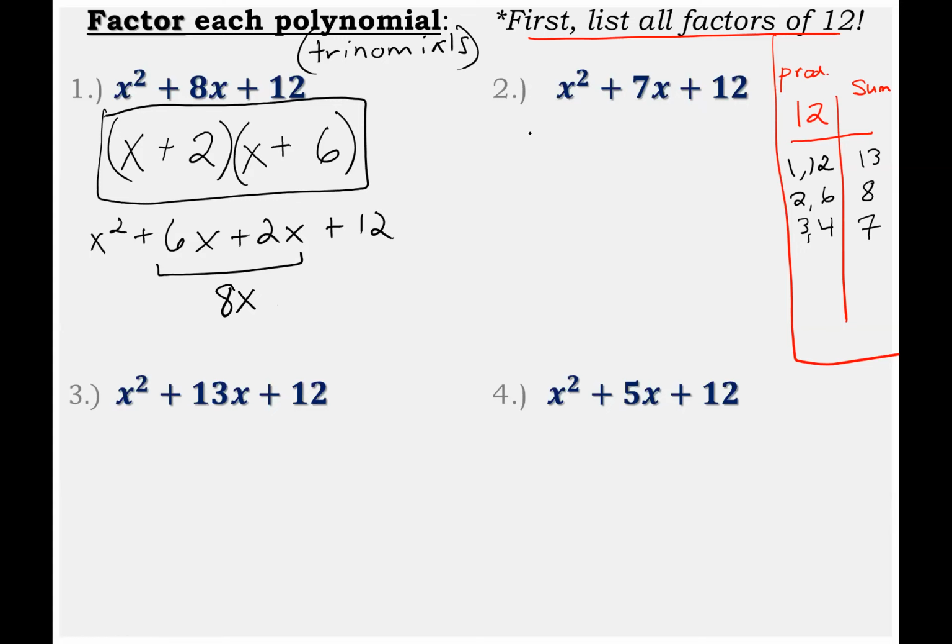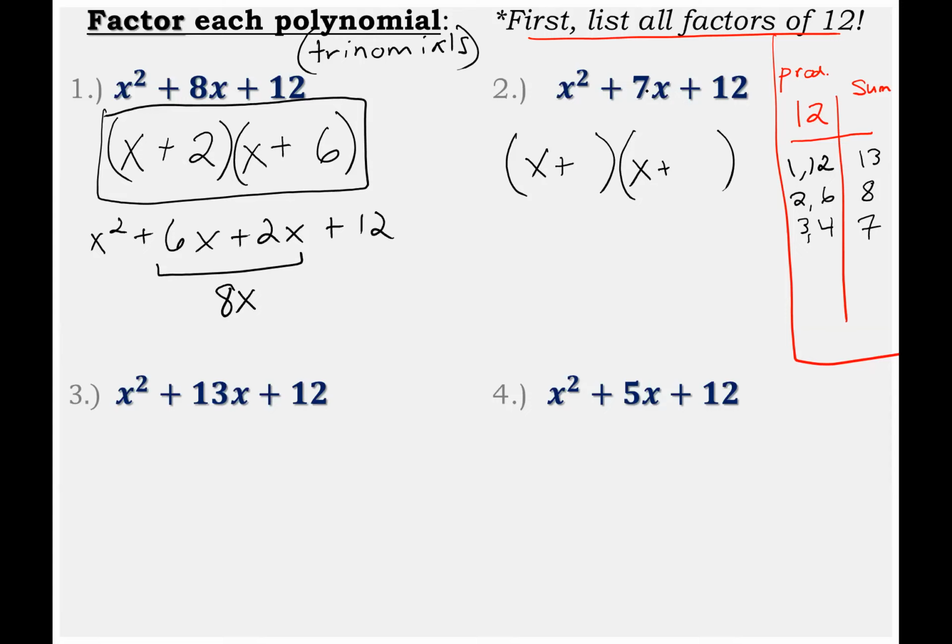Let's go to number 2. Start with x times x, because that multiplies to x squared. And just a little note, all the problems on this particular slide involve plus signs. We'll deal with negatives soon, but we're not quite there yet. I now need 2 numbers that have a product of 12. And when I FOIL, the outside and inside terms need to have a sum of 7x.